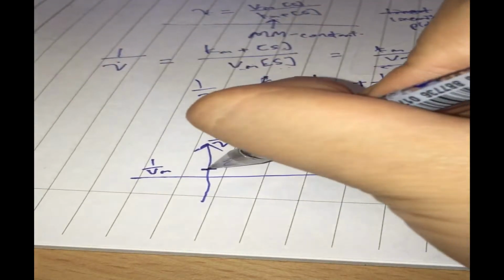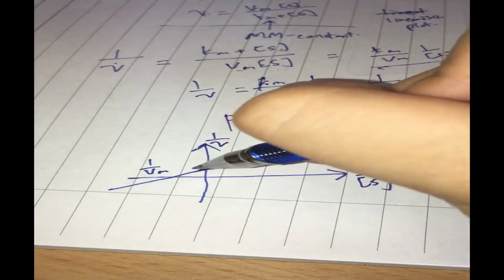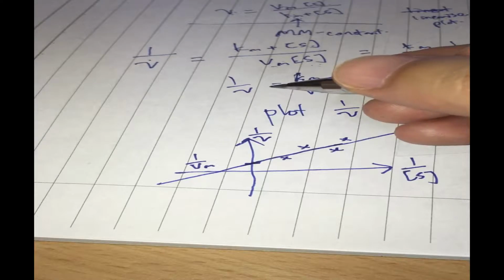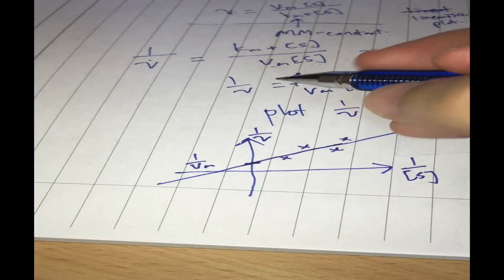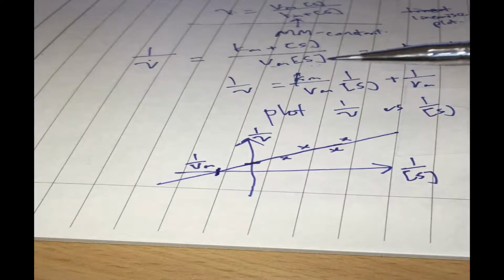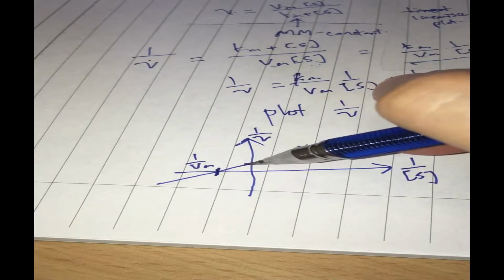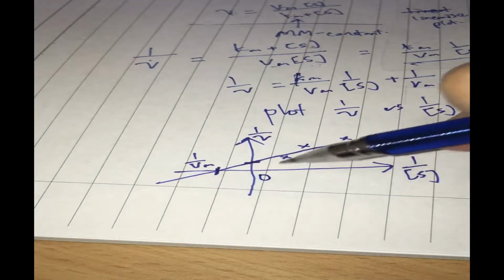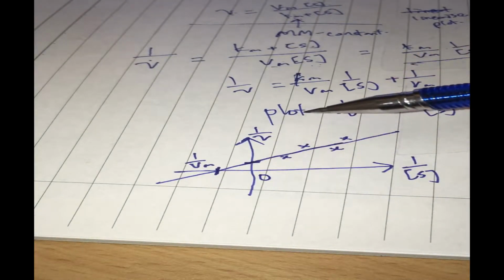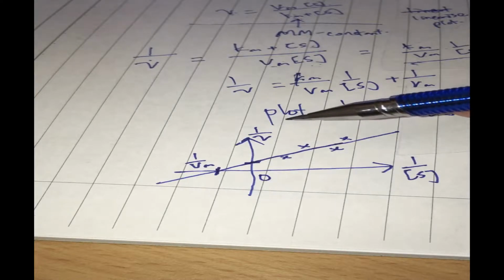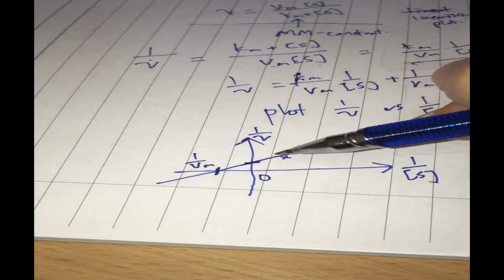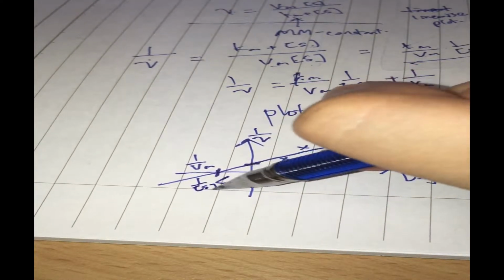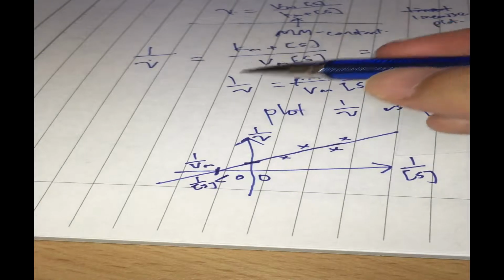Now, of course, you can extrapolate it this way, except data here doesn't really make much sense at all. If 1 over S here is 0, this is an infinitely big substrate concentration, then suddenly 1 over S less than 0 means the substrate concentration is negative.